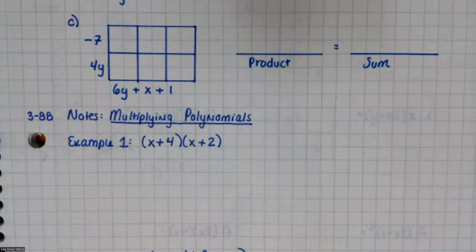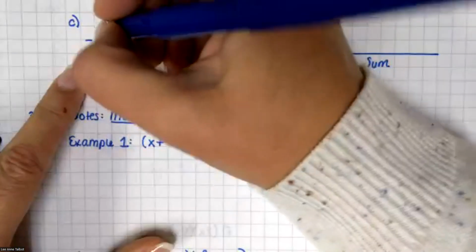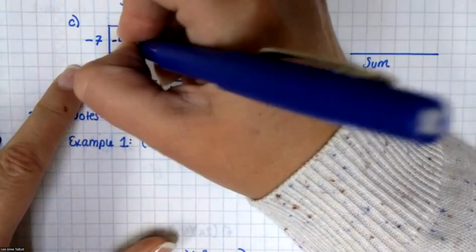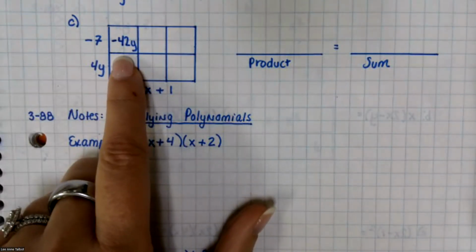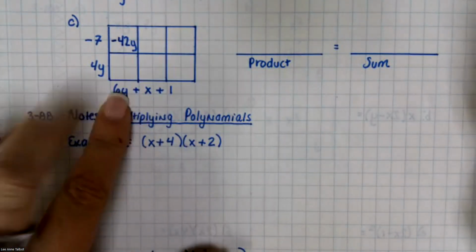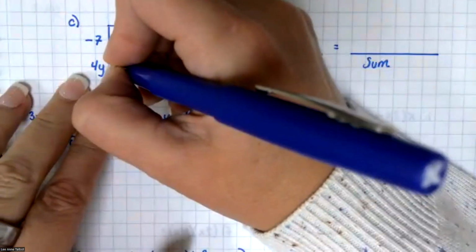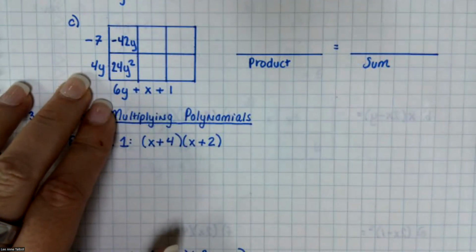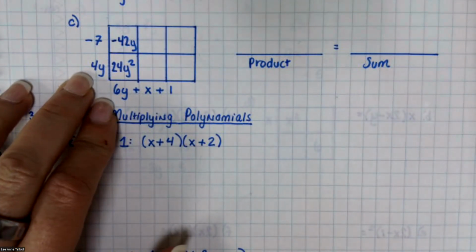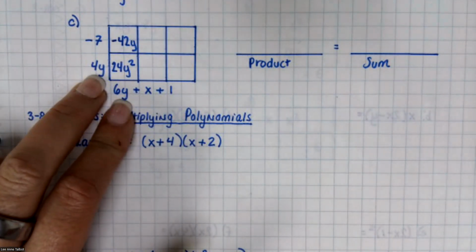All right, let me fill in a couple of the boxes that you might be wondering about. This box here is negative 42y. Does that make sense so far? Okay, this might be the other box you're wondering about. This is 24y squared, because it's y times y.